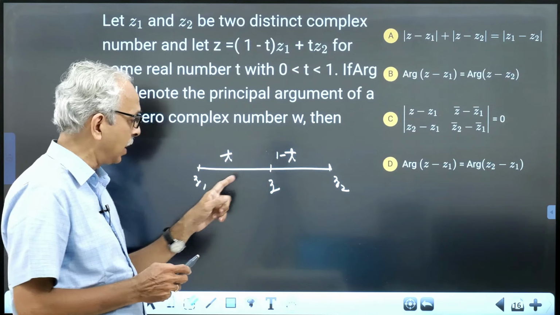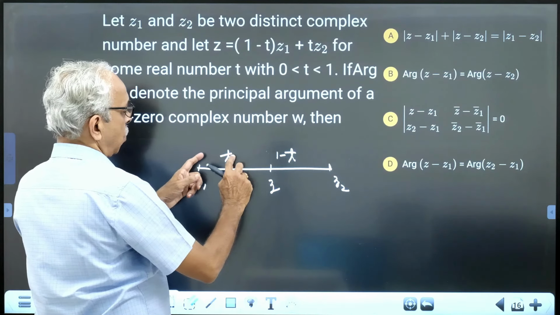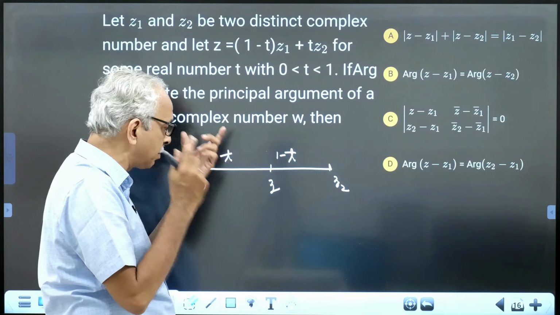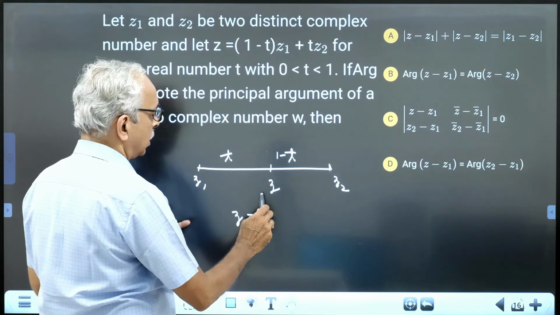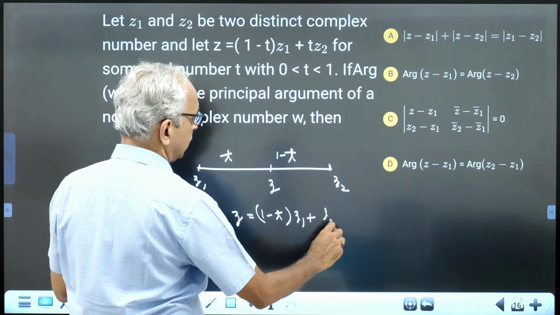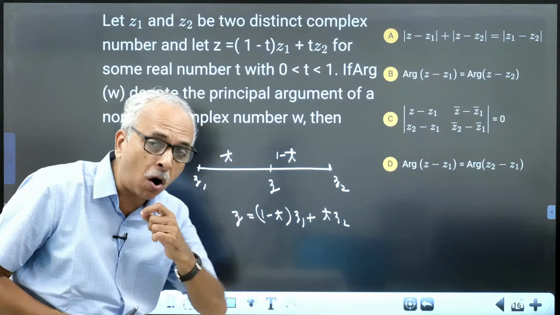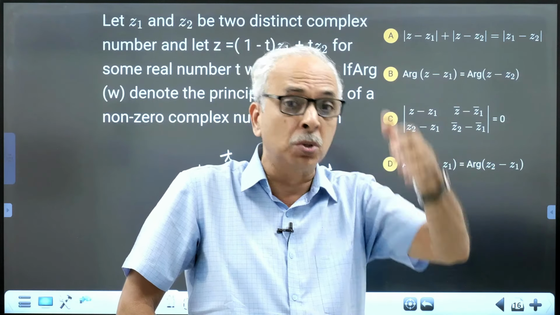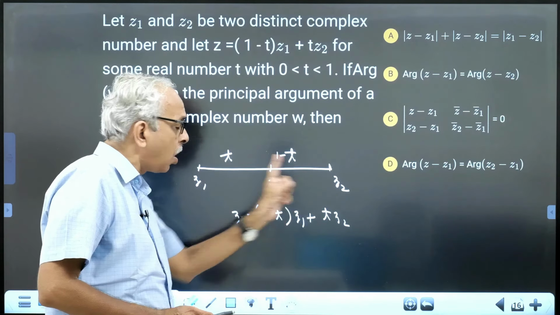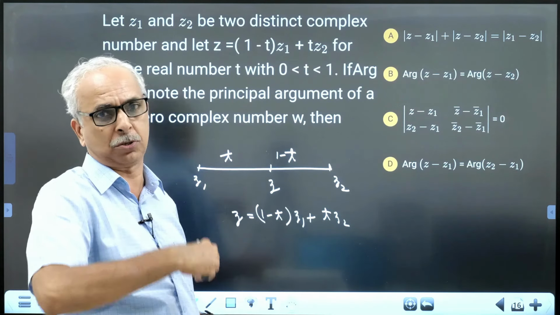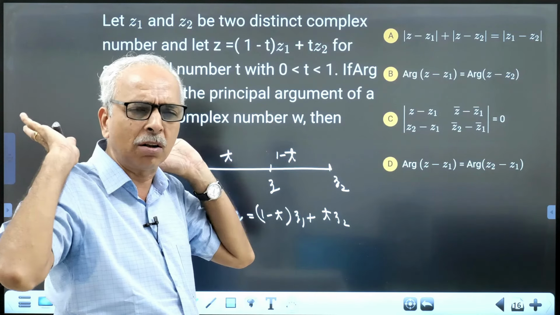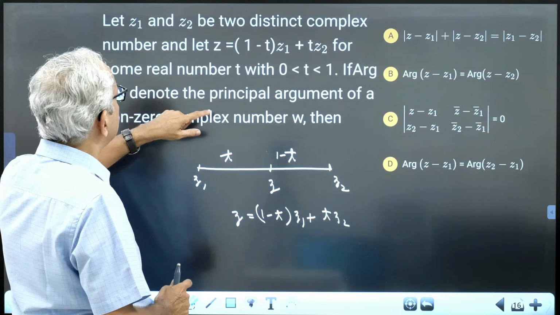Since t plus 1 minus t is 1, we are using the section formula. Z will lie on the line segment joining Z1 and Z2, between Z1 and Z2. That's very important. And Z cannot take the value Z1, and Z cannot take the value Z2. That's all.